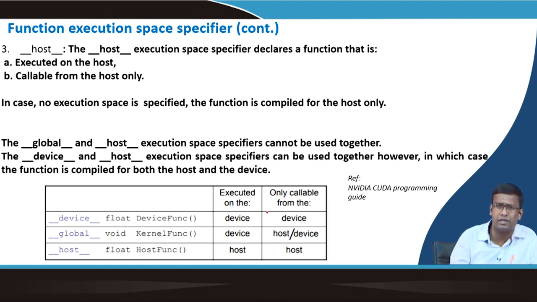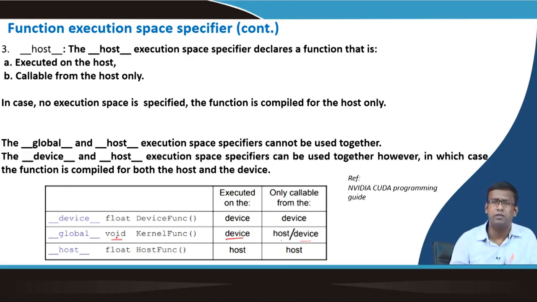GPU functions can always write to GPU memory, so it can return anything: float, double, integer, void. A host function is called from the host, executed on the host, and it can also return any value. But a global function is called from a host, or in certain cases called from a device under dynamic parallelism, and executed on the device. Now, the GPU cannot write to CPU memory, therefore it should always return void.